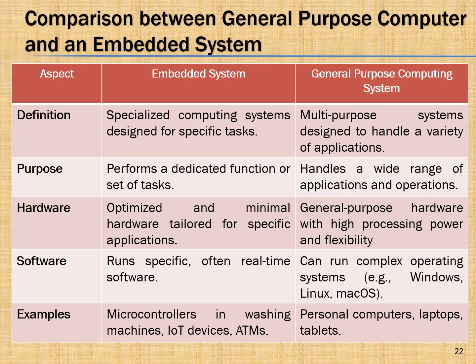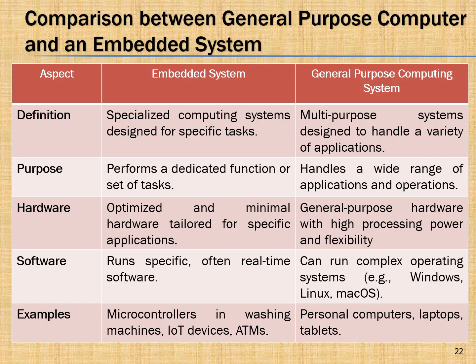If we talk about hardware, in case of embedded system, they are optimized and minimal hardware tailored for specific application. But on the contrary, general purpose hardware with high processing power and flexibility is required for general purpose computing system. In case of software for embedded system, it is run specific, often real-time software.